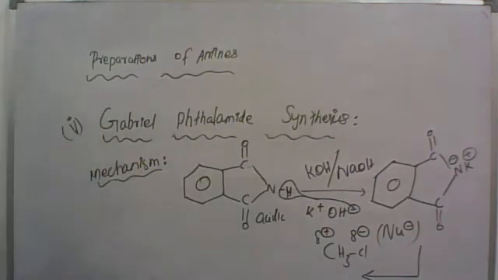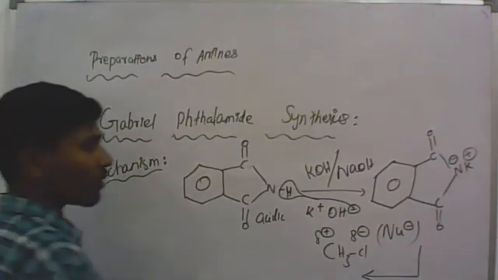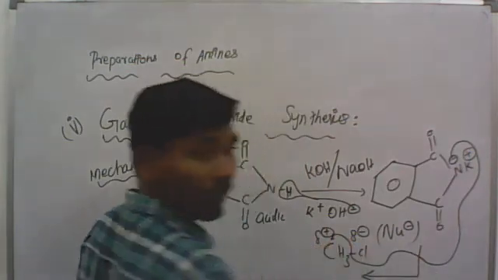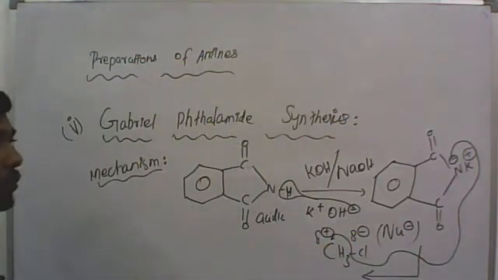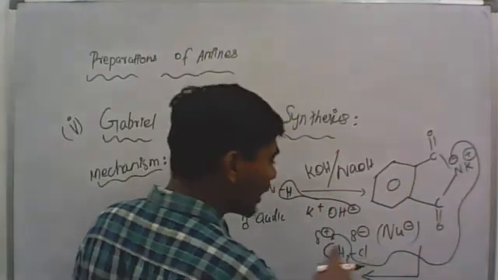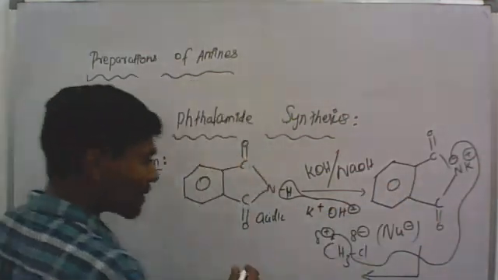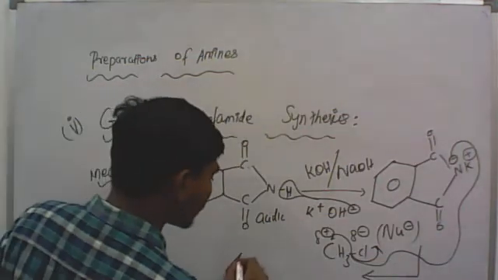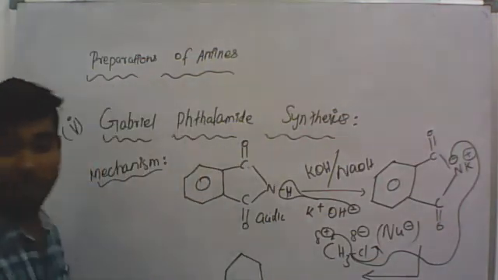Now the nucleophile is going to donate its electron to the deficient carbon. The Cl is eliminated from here. What do we get?